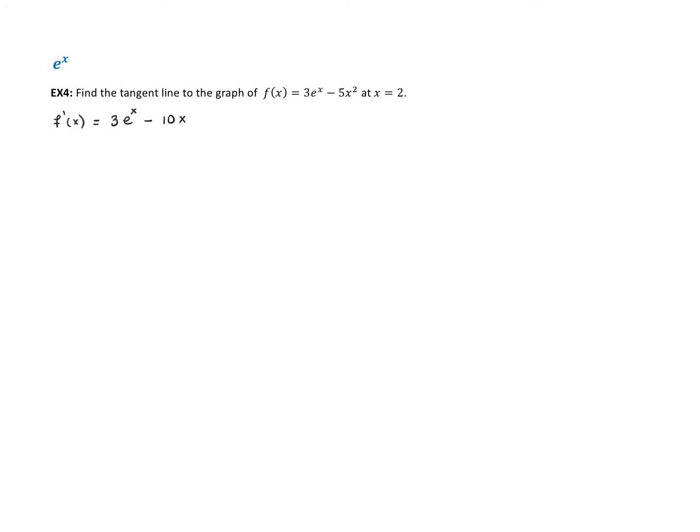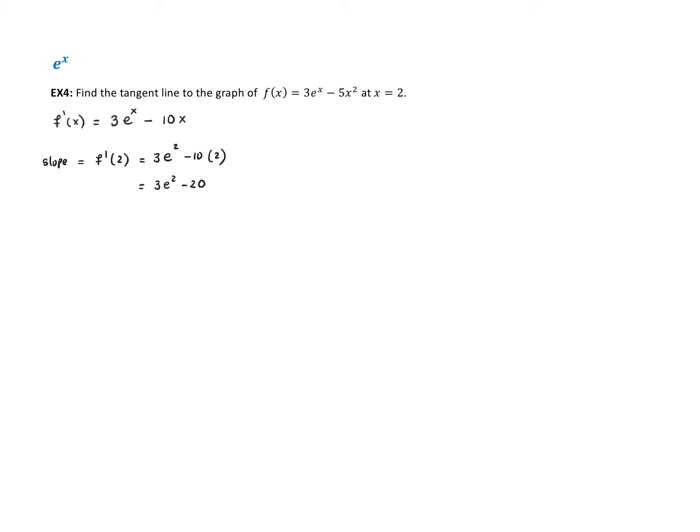Pretty simple. Now, in order to find the slope, I'm going to compute f prime of 2. So this is going to give us 3e squared minus 10 times 2, which is going to be 3e squared minus 20. So this is the slope of the tangent line.